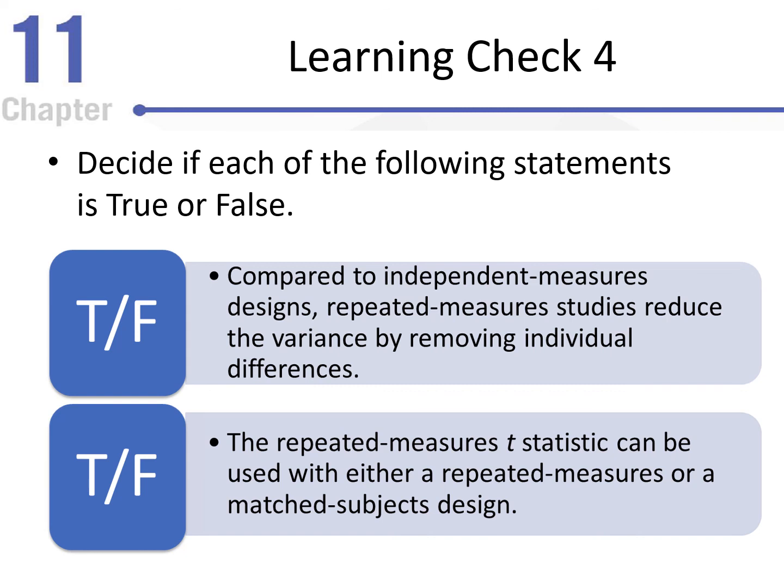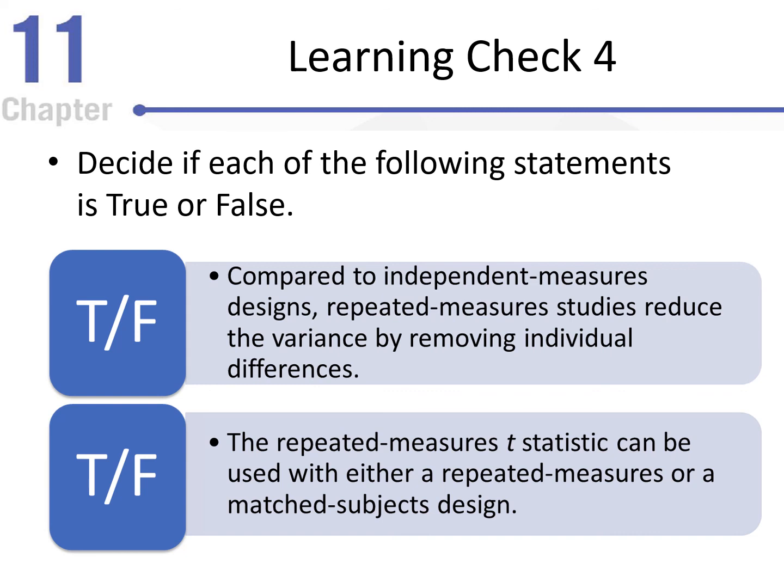I prefer repeated measures versus match subjects because with match subjects, you still have individual differences, so you're going to have more variability there. Even though you're treating them as the same people, you're only matching them on a certain number of variables, or maybe even one variable. So it's hard to treat two different people the same if they're matched on only one variable.